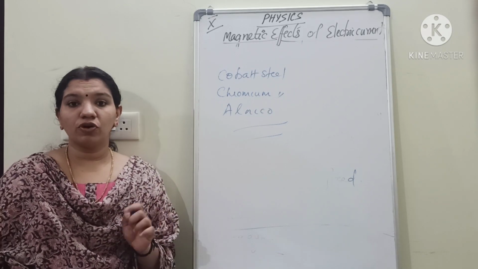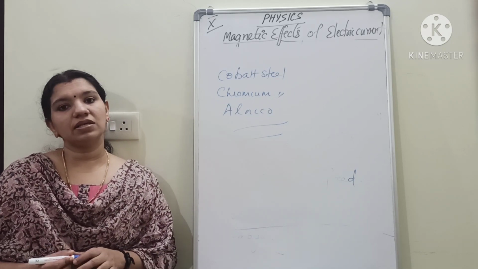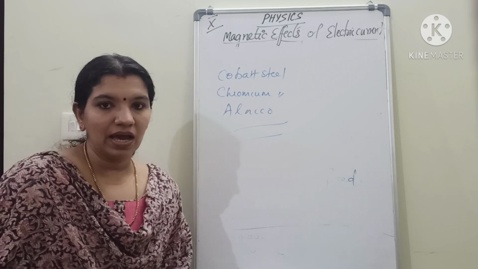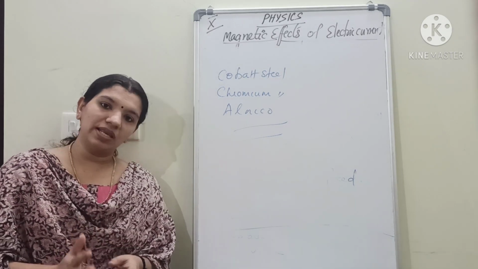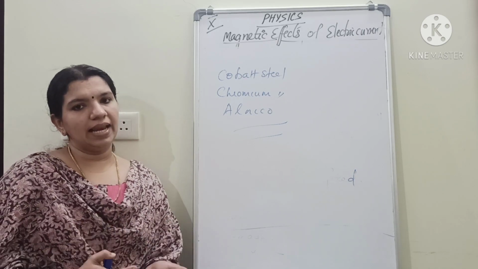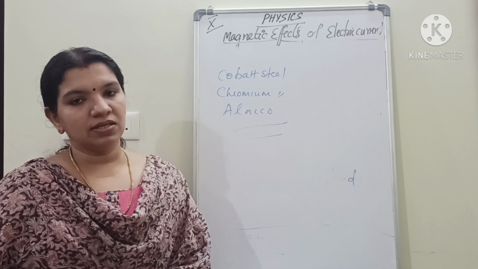So these are used for making permanent magnets, the bar magnet like things. And various shapes are there. As I told in the first class, there are various shapes for magnets. So these are all about electromagnets and permanent magnets.